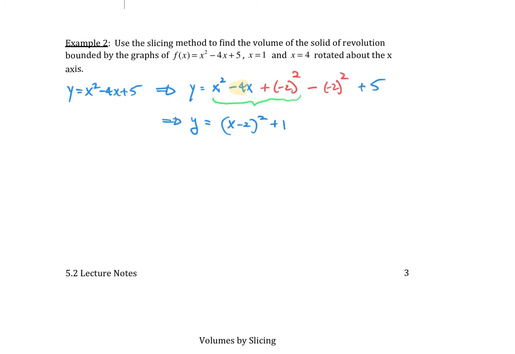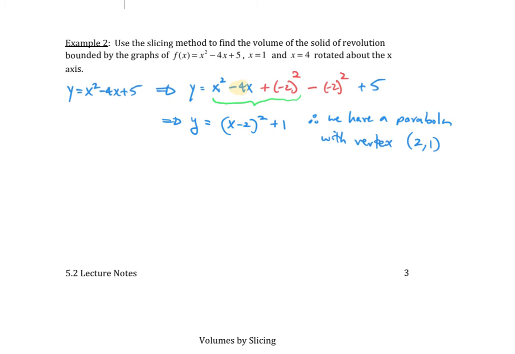The reason I completed the square is that it tells me the vertex of the parabola. Therefore, we have a parabola with vertex (2, 1). That's going to help me graph the parabola a little bit.